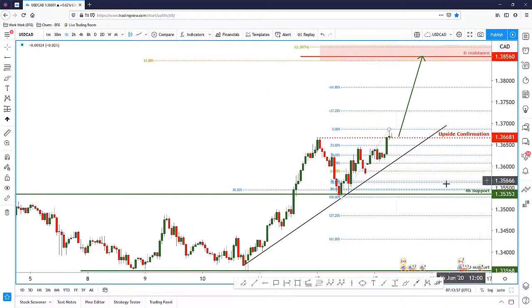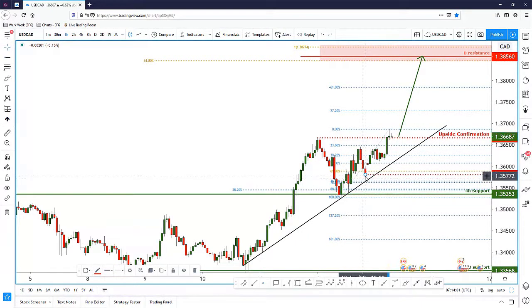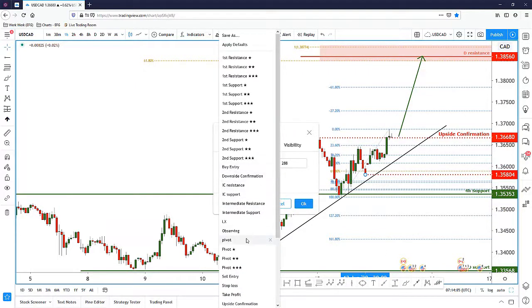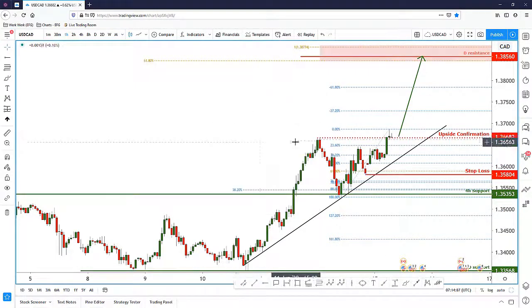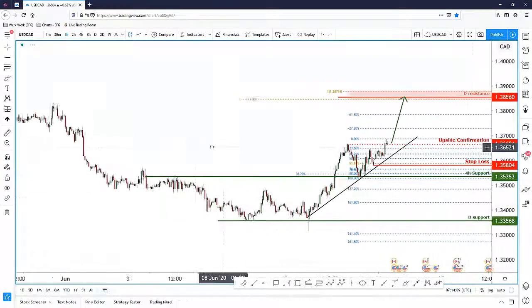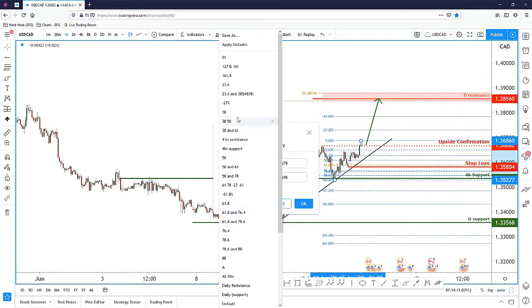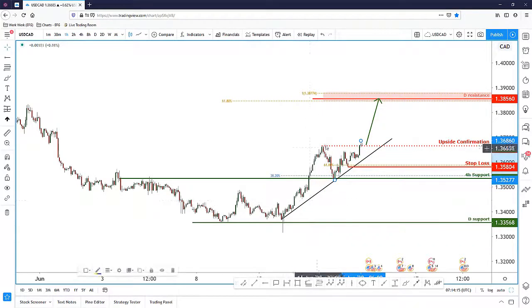My stop loss will actually be right here, just below this candle at the 61.8. This gives me a very nice risk reward ratio. If I buy here and it goes up here, my stop loss will not be taken out easily.